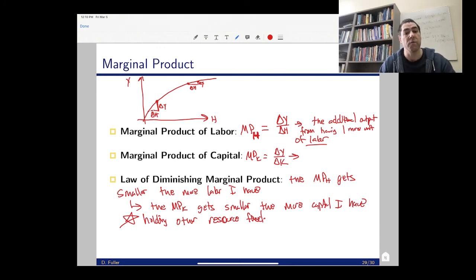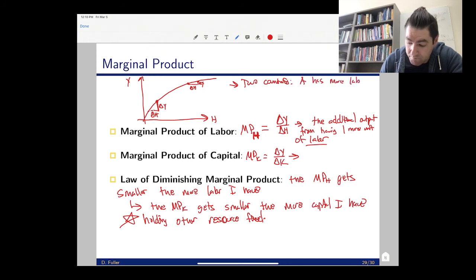And so that can be really useful, right? If I compared two countries, and country A has more labor than country B, all else the same, if they each get one more worker, country B's GDP is going to go up by more because they have a higher marginal product, right?